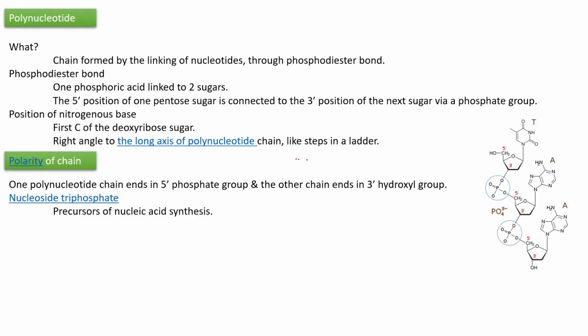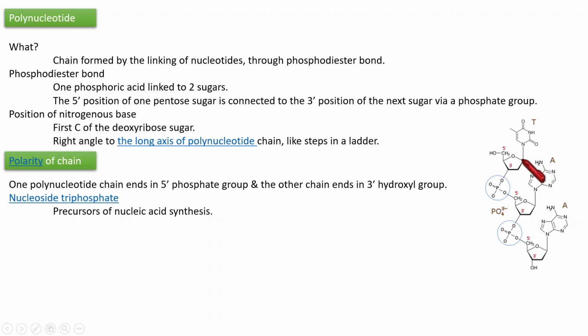Okay. So polynucleotide is that chain formed by linking of nucleotides through phosphodiester bond. And what is phosphodiester bond? That also now very clear to you, I hope. Then what about the position of the nitrogenous base? Nitrogenous base in this picture we can see here.